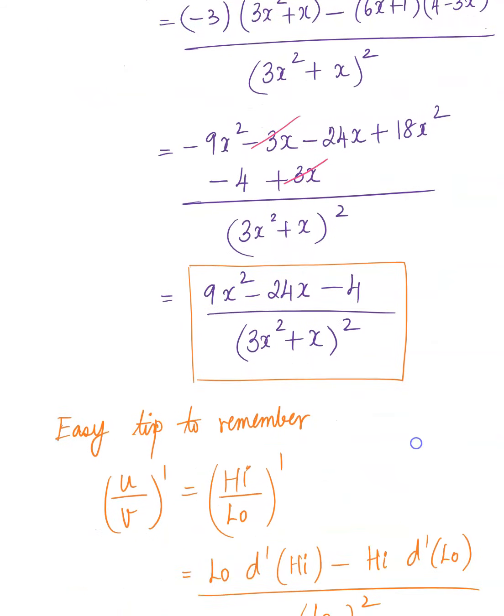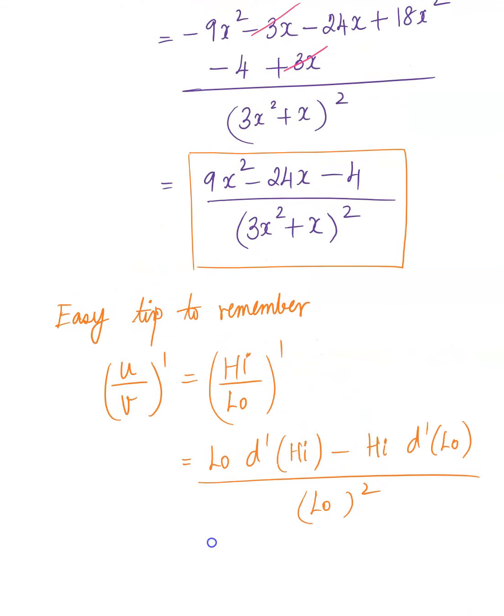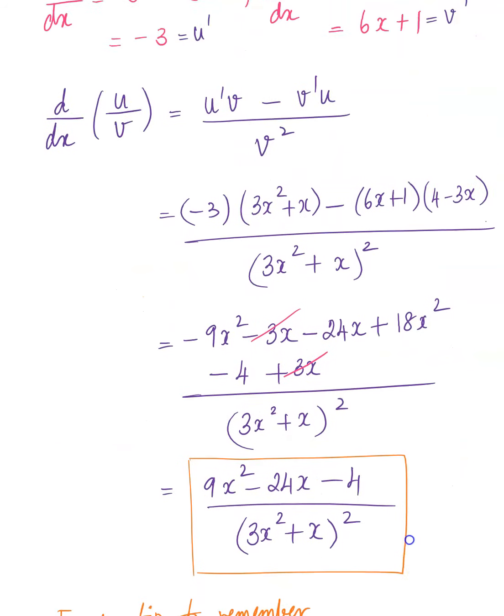That's easy for me to remember, but you can think of it as low d high minus high d low.